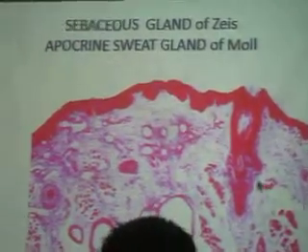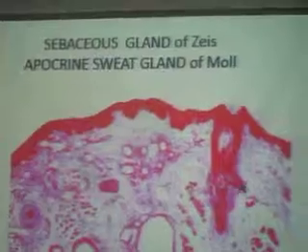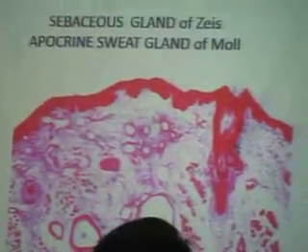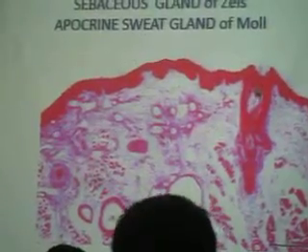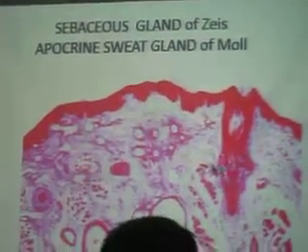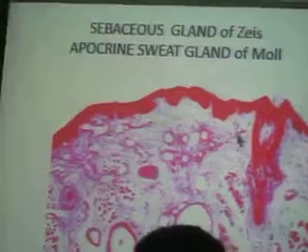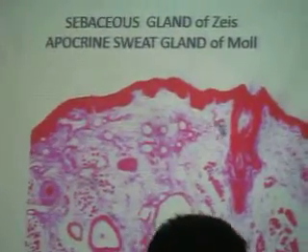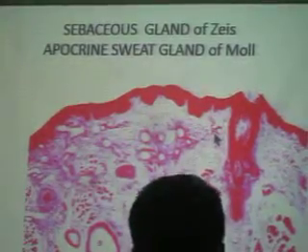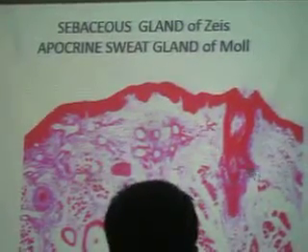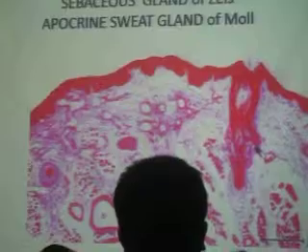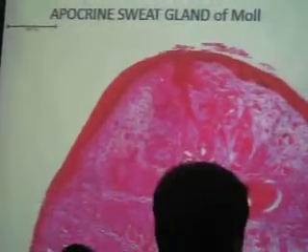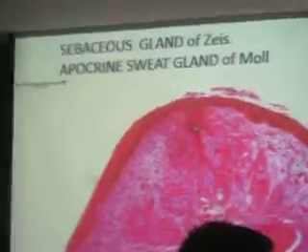Well, here, I think this is the sebaceous gland, because most often that is really associated with the hair follicle. For the sweat gland, I'm not very sure if this is your gland of Moll. But one thing, you have here your gland of Zeis, and you have there your hair follicle.